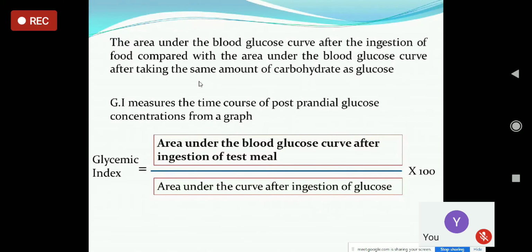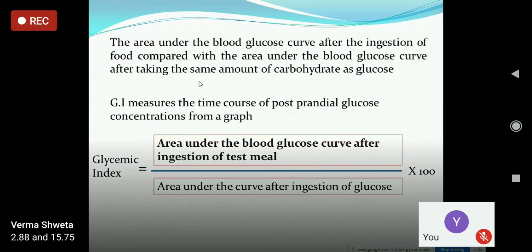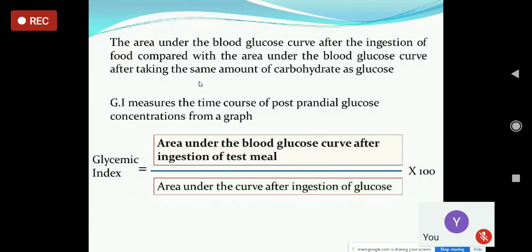So this is the formula for calculating glycemic index: area under the blood glucose curve after ingestion of test meal divided by area under the curve after ingestion of glucose, multiplied by 100. So this formula gives you glycemic index.